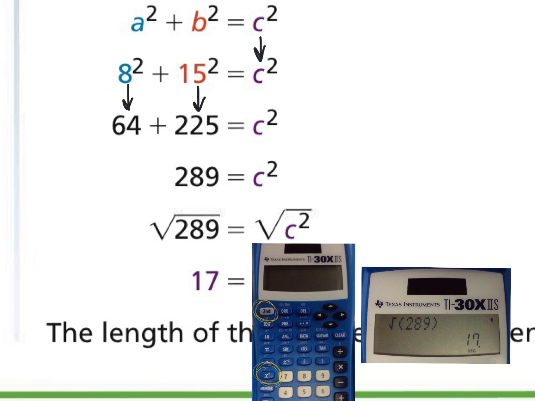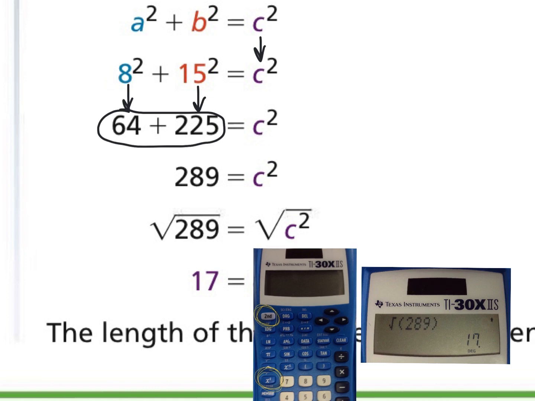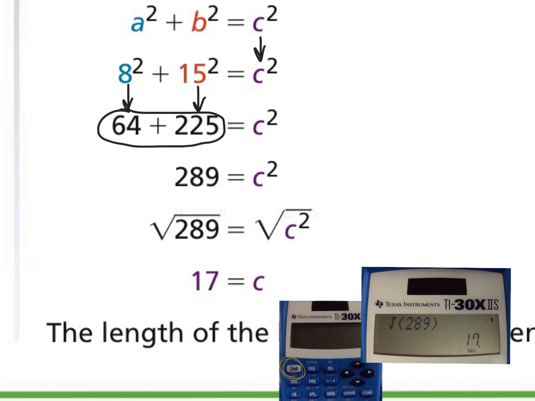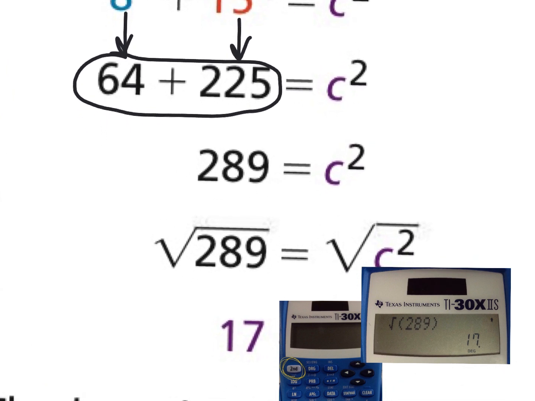Since 64 and 225 are on the same side of the equation, those are like terms that we can combine. We can just add those numbers together, which is 289. So 289 is equal to c squared.